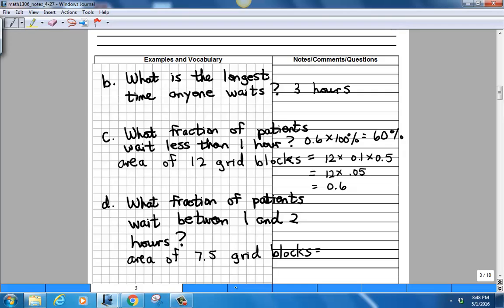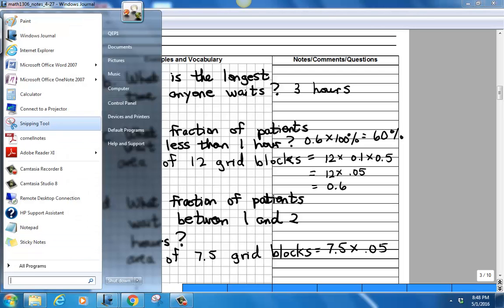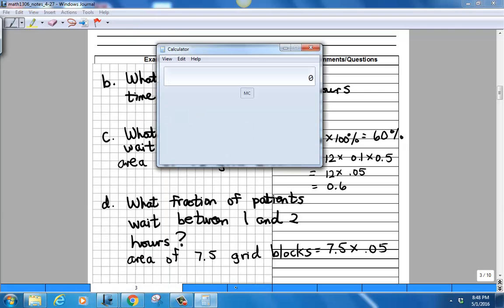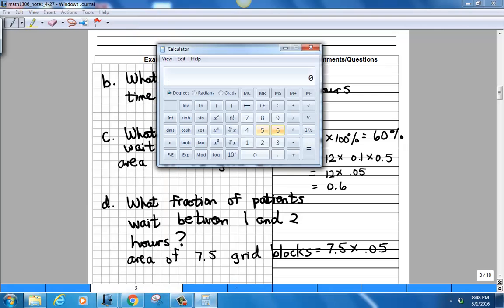And so that's equal to 7.5 times the area of each grid block, which remember we already calculated as 0.05. So I just take 7.5 times 0.05. Let's do that with the calculator here and see what that is.